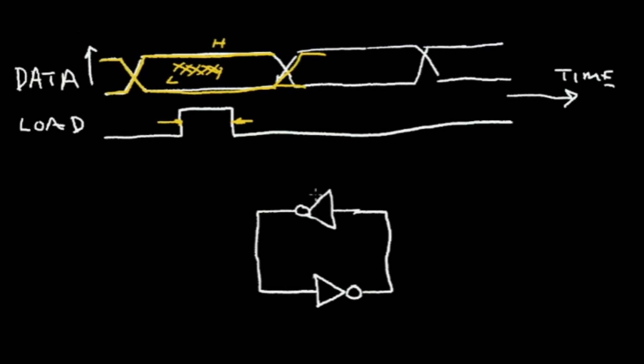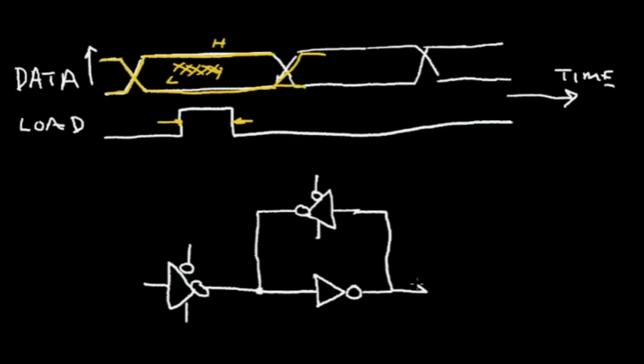So I'm going to take this inverter and I'm going to replace it with a tri-state driver. I'm going to take another tri-state driver and I'm going to connect it here. This is the gate of the P channel, and this is the gate of the N channel.